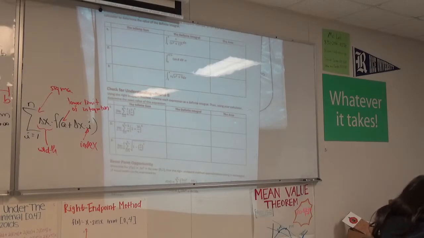That's n over time. That's the number of rectangles. 1 over n at 0 plus 1 over n. Nice.